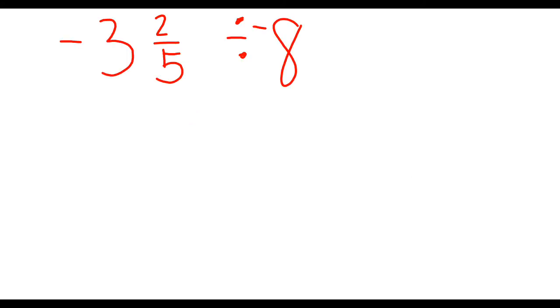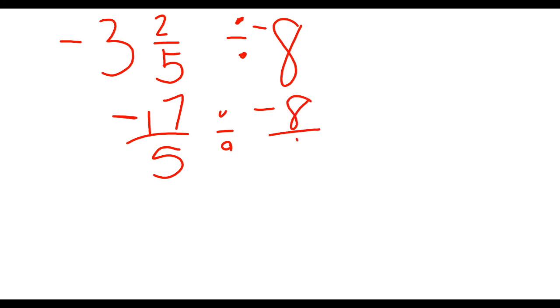And for my final example, I'm going to solve yet another problem involving mixed numbers and whole numbers. And as you can see, it has two negative numbers. So first things first, I'm going to change my mixed number into an improper fraction. 3 times 5 is 15, plus 2 is going to be 17 fifths, divided by, and that was negative, divided by -8, which I'm going to turn into a fraction by putting it over 1.